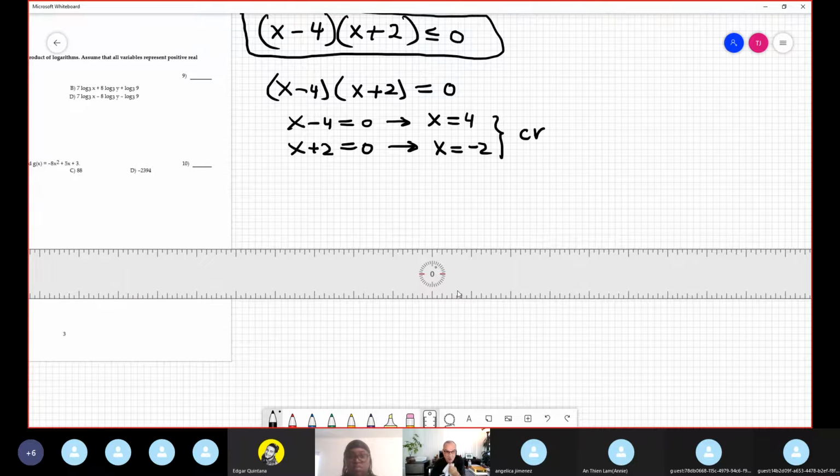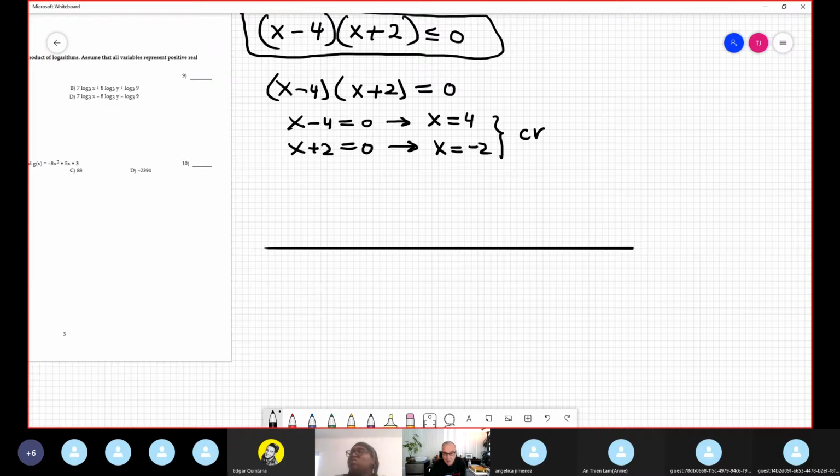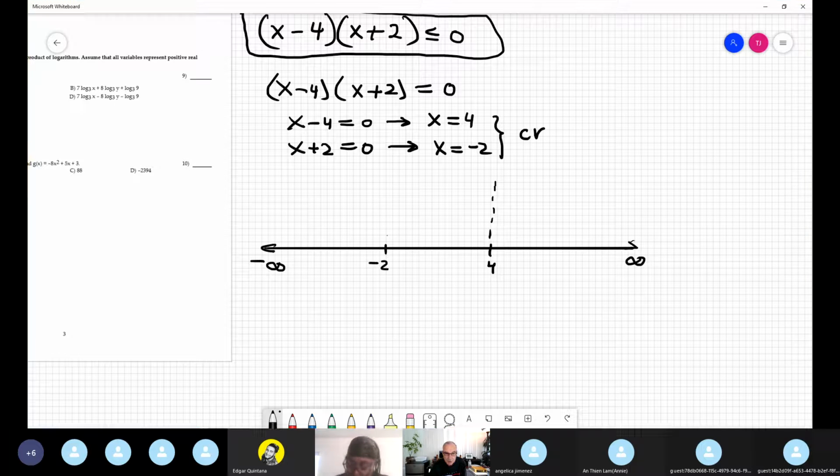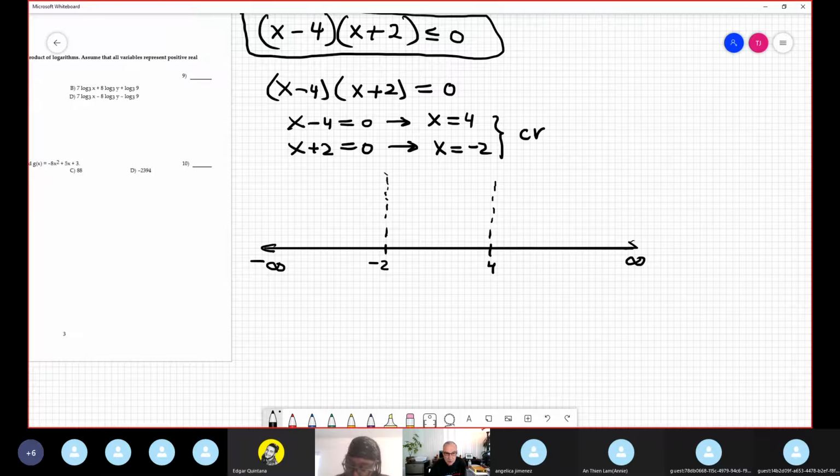This is my all real number line. Negative infinity, infinity. And we have a partition at 4, a partition at negative 2, and 2 partition points determine 3 intervals.